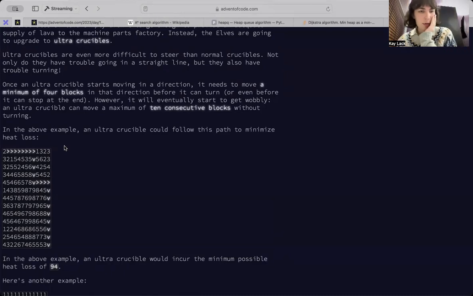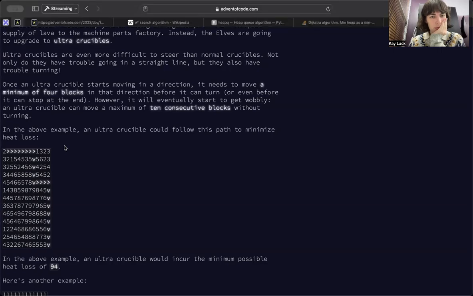So we need to then keep track of the track and then just change the neighbors calculation. And we have an additional condition for the ending point. Okay. All right. Well, I think this will be okay.